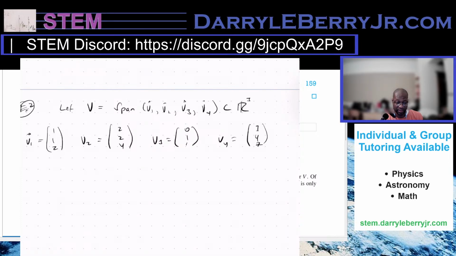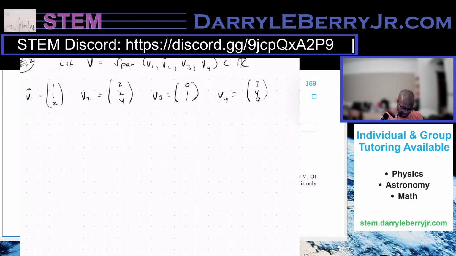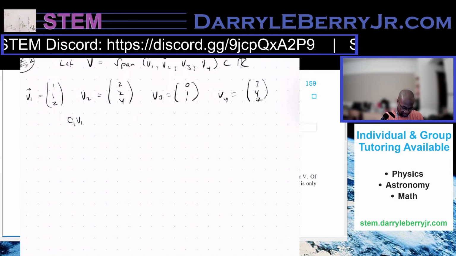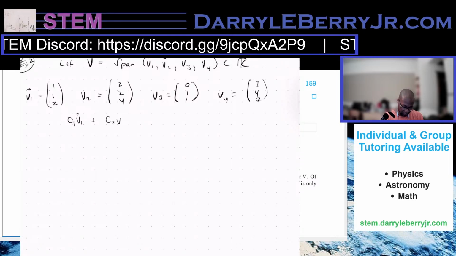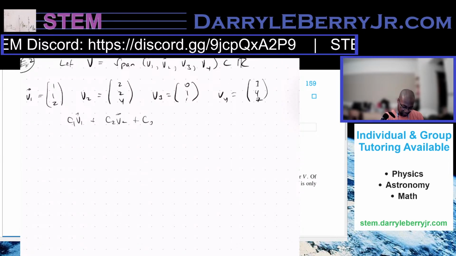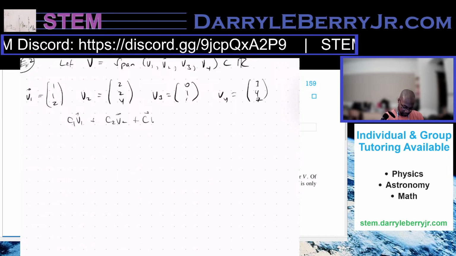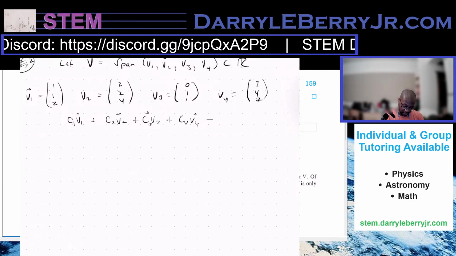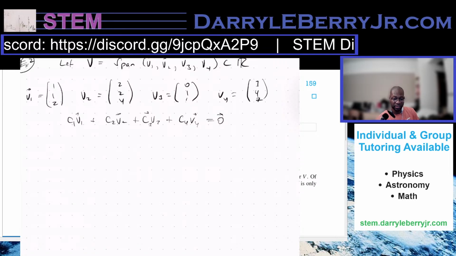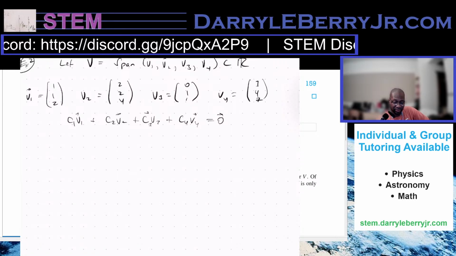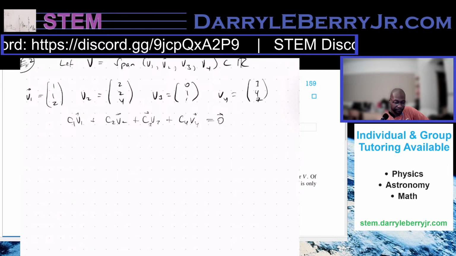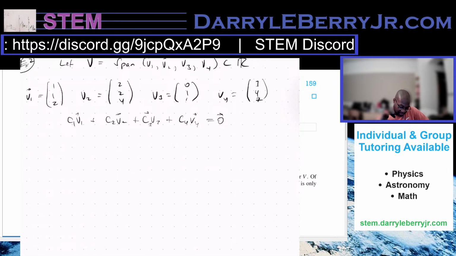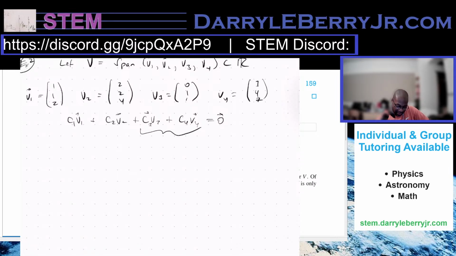So for linear independence, C1 V1 plus C2 V2 plus C3 V3 plus C4 V4 equals 0 can only be true if all the C's are 0. Since they must be dependent, at least two must depend on each other.